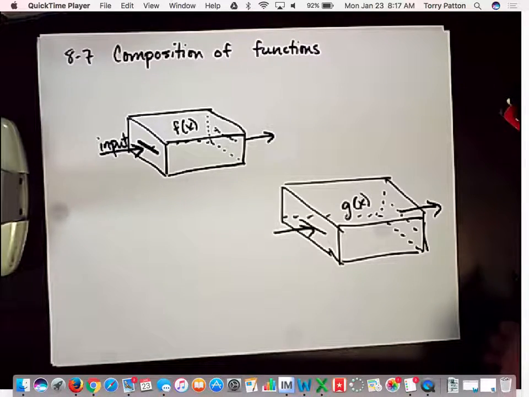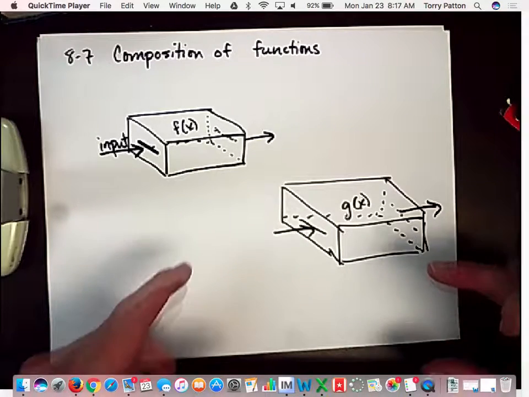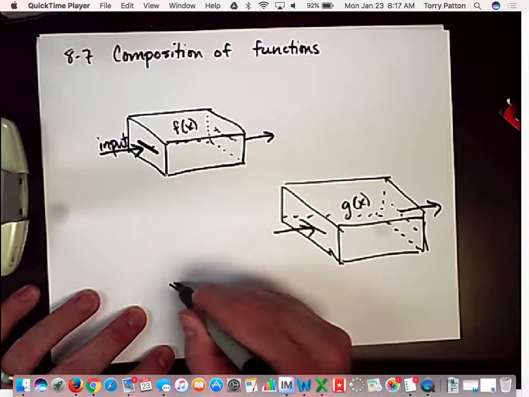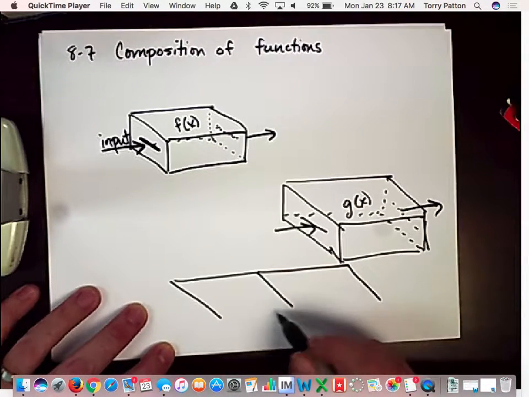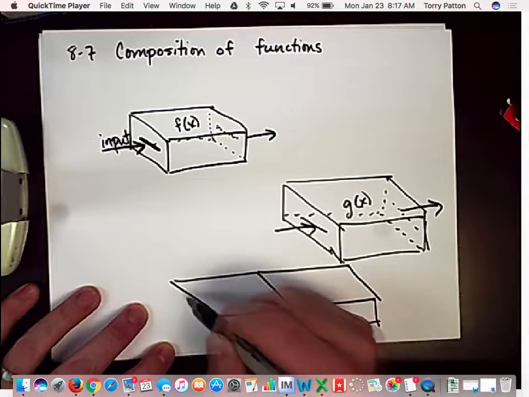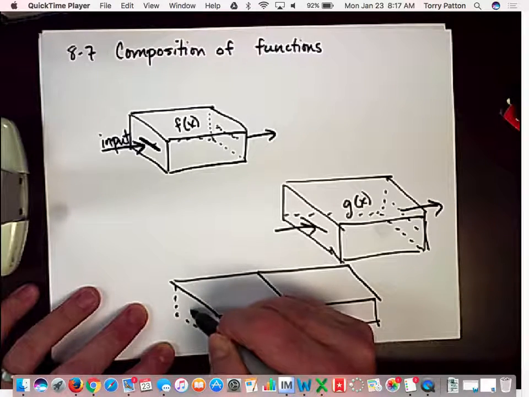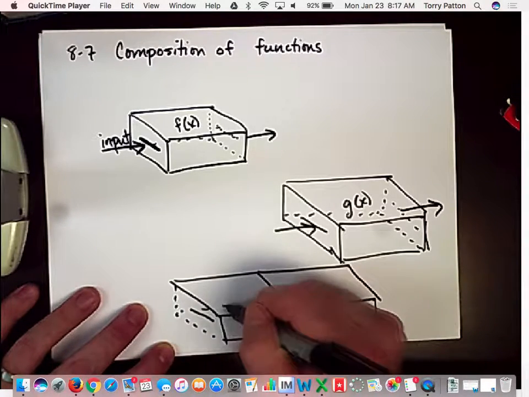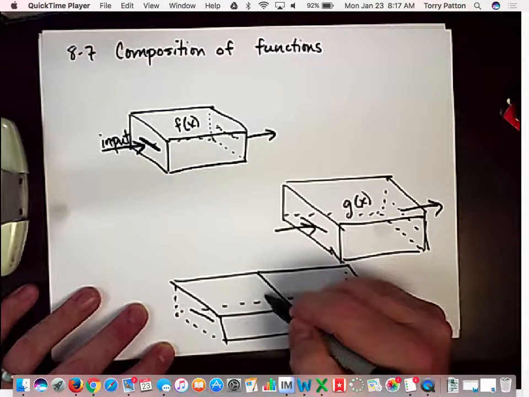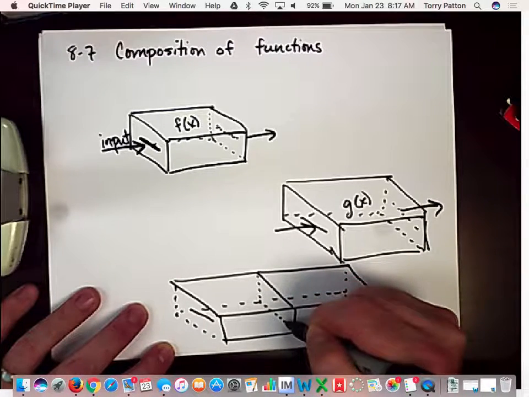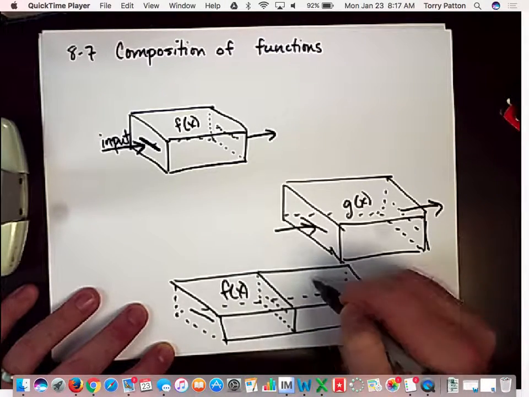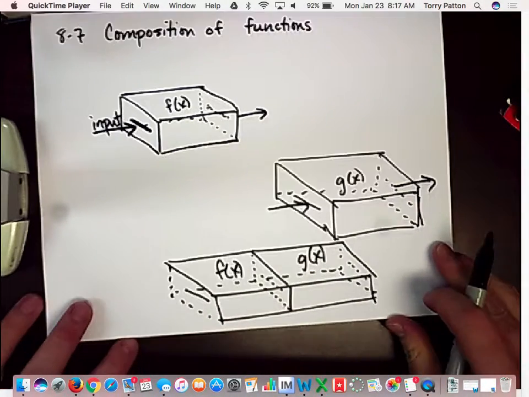Well, composition means that you take the two functions and you slide them together so that you now have this. So you see what happens now?